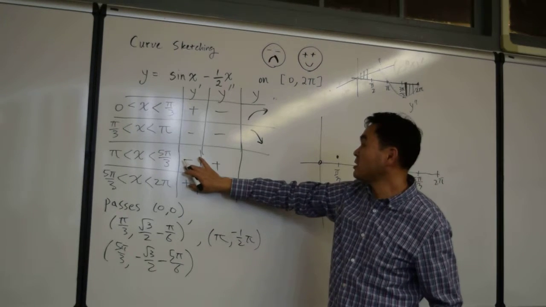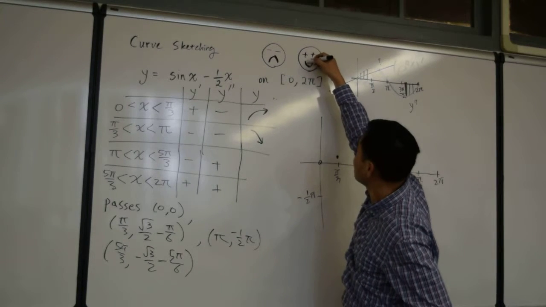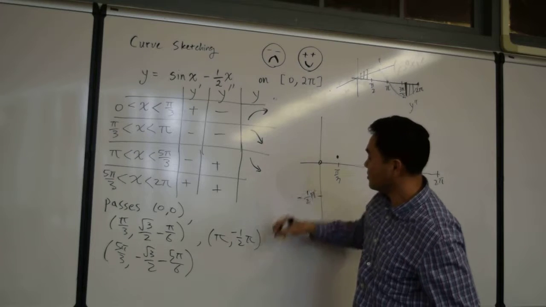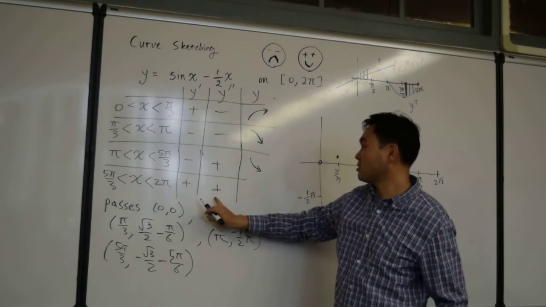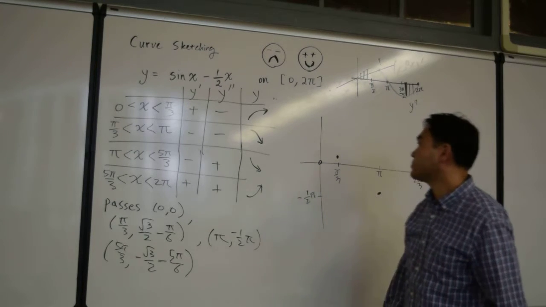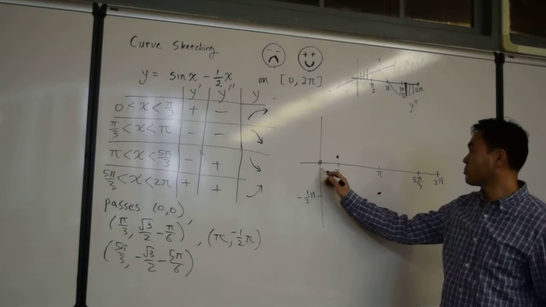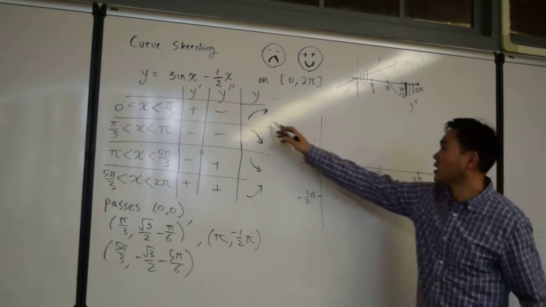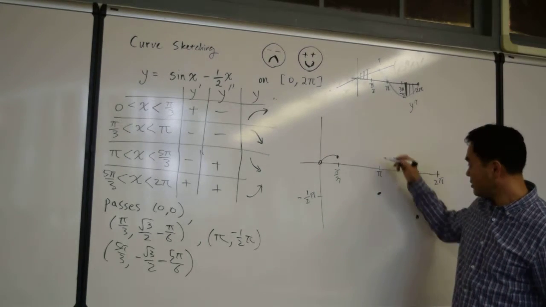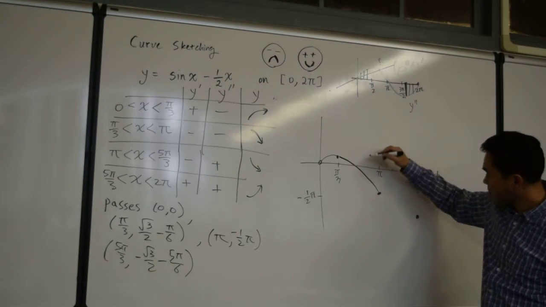This is decreasing and smiling, right? Decreasing and smiling means this left side here. And increasing and smiling should be that side. Okay, so that's how we should connect these. From here to there, I should have that way of bending. From pi over 3 to pi, it should be bending like this.